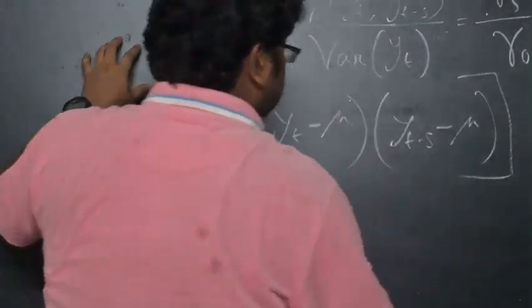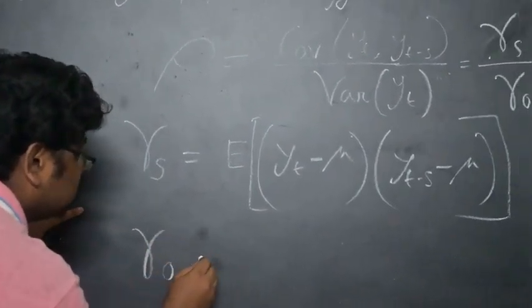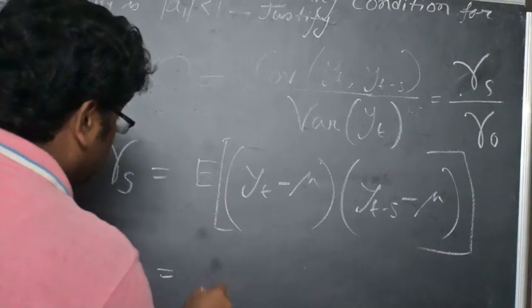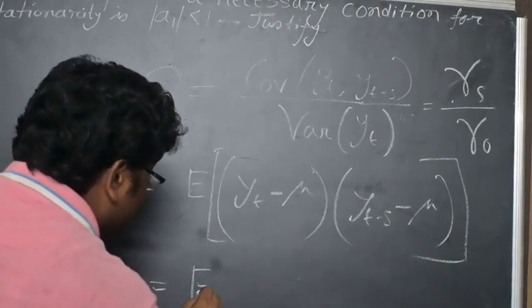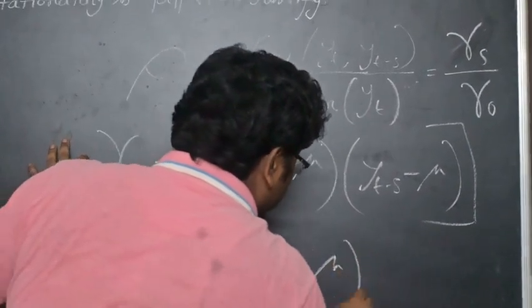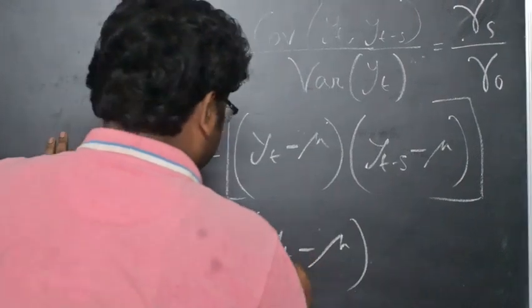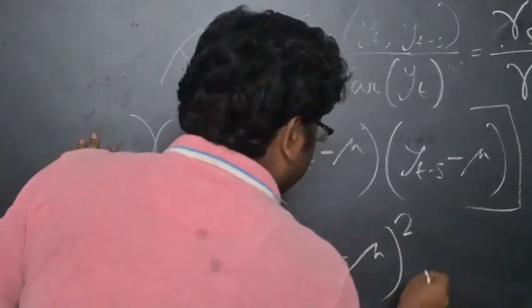And what is gamma 0? Gamma 0 is equal to the expectation of Yt minus mu whole square.